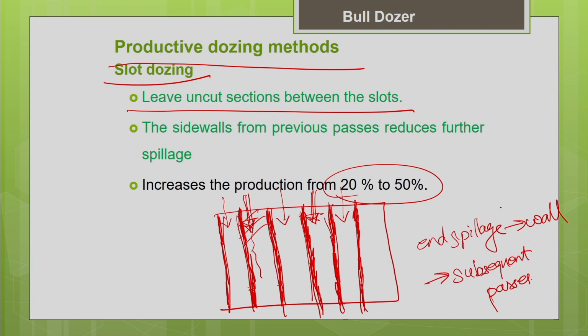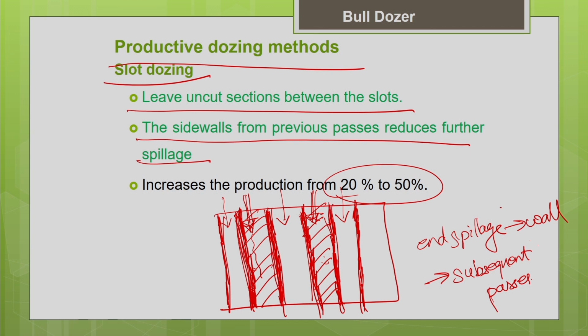First you finish these slots, then come back to this uncut section. When you do this section, the spillage from the earlier passes acts like a wall and further prevents spillage. So, the side walls from the previous passes reduce further spillage, and this increases the production, as I told you, by 20 to 50%.